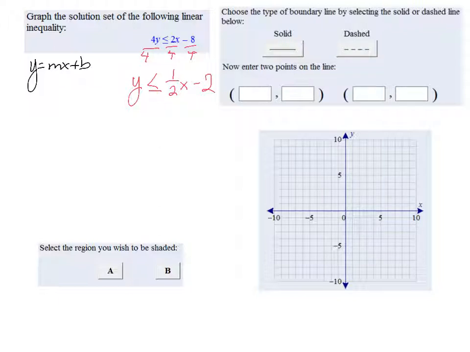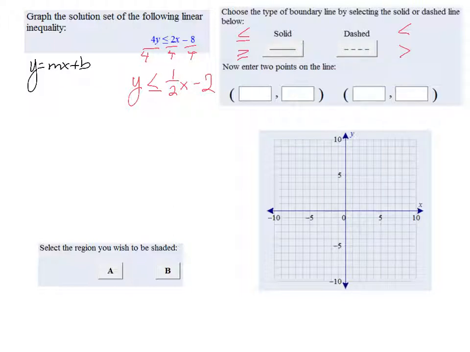We designate that on a graph by either making it solid or dashed. If you have a less than or equal to or a greater than or equal to, you want to put a solid line, and it's going to include all the points that land on that line. If I just have a less than or just a greater than and it's not an or equal to, then I'm going to use a dashed line.